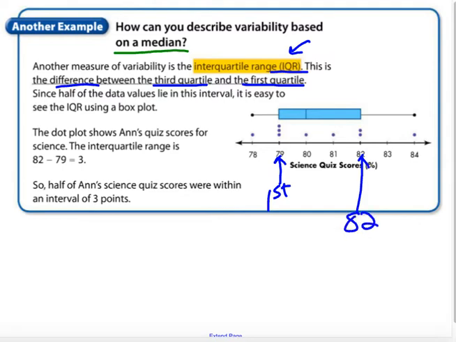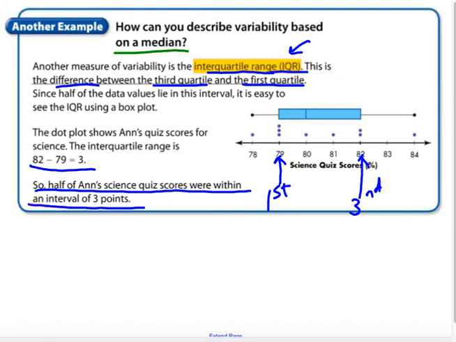If we want to find the interquartile range, we would simply subtract 82, take away 79. So half of Anne's science quiz scores were within an interval of 3 points. So this represents an interval of 3 points. 1, 2, 3.